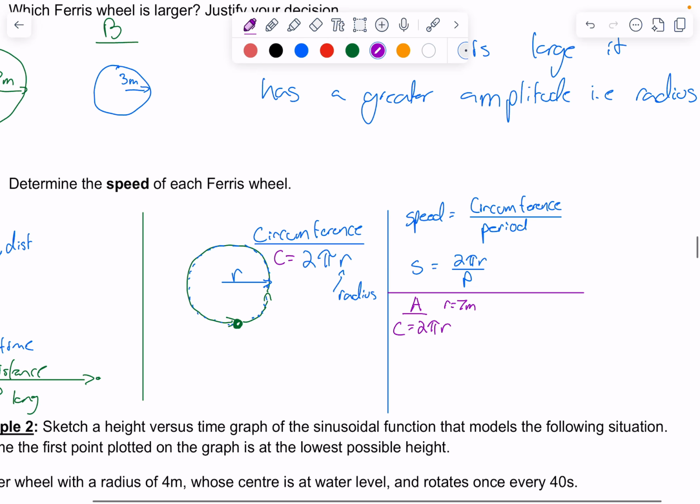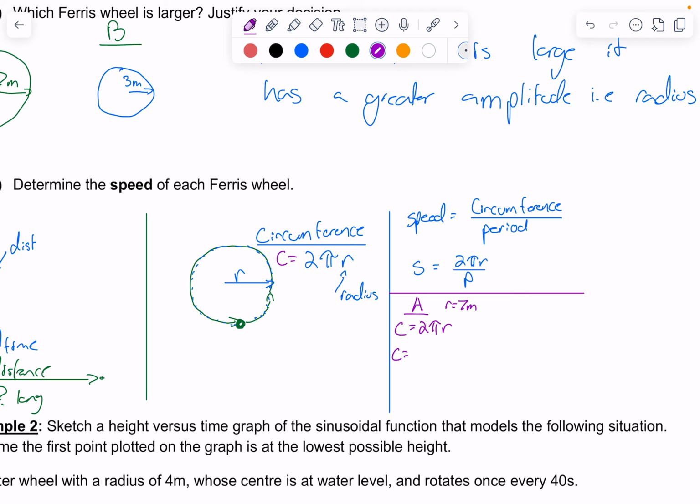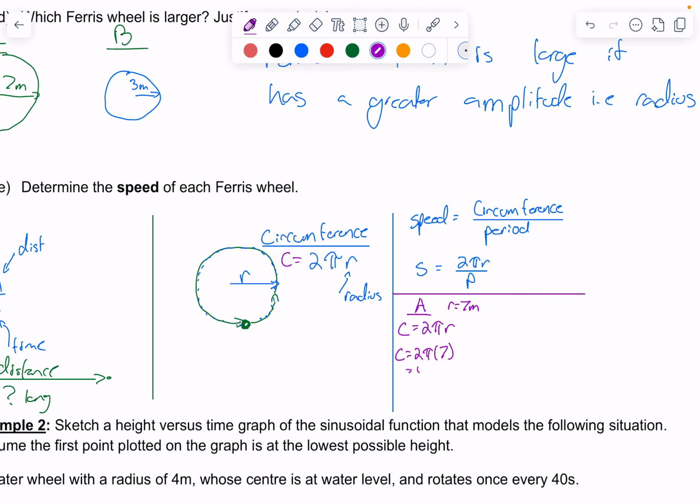So our circumference here is 2 pi times 7, right? Pi is just a number, it's a button on your calculator. It's roughly 3.14. So 2 times, I have to use the shift button on my calculator, times 7. I get 43.98 meters. It's a distance, right?